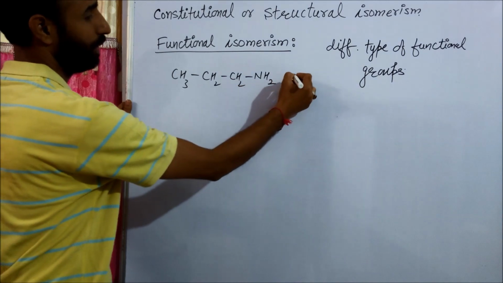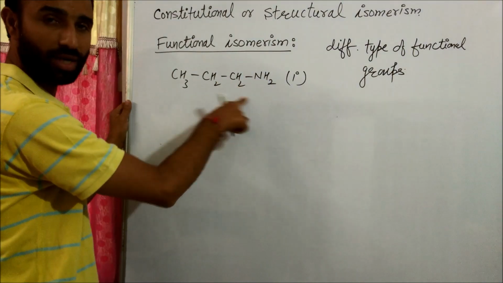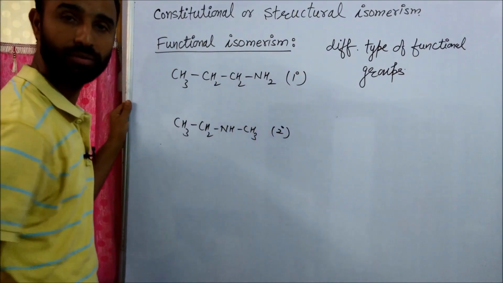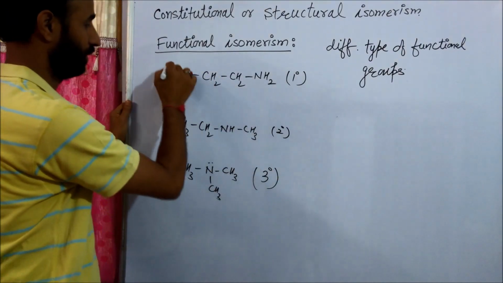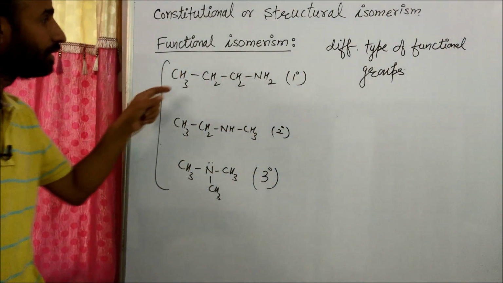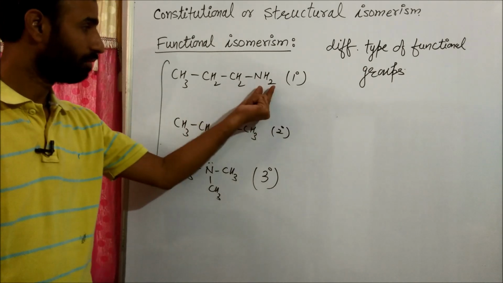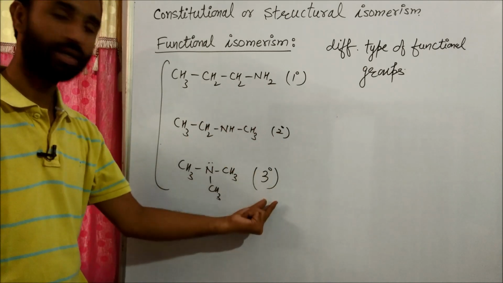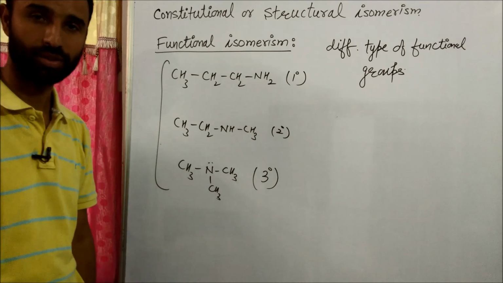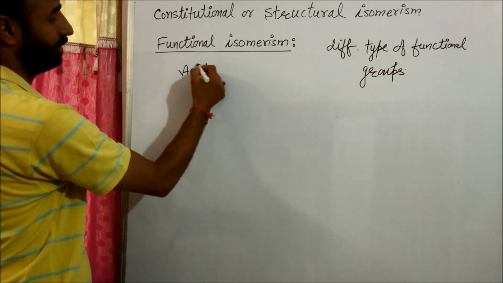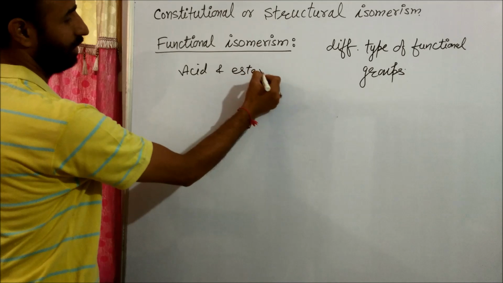This is primary amine, nitrogen attached to one alkyl group. Secondary amine, tertiary amine. They are again functional isomers. Primary, secondary and tertiary amine. Now acid and ester.